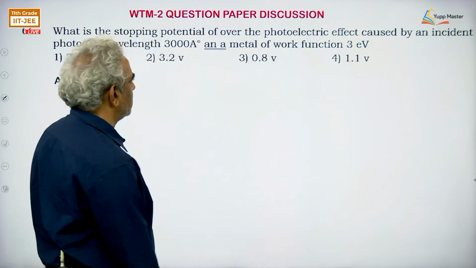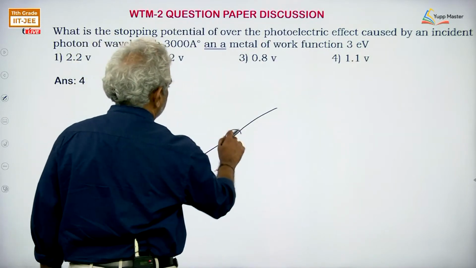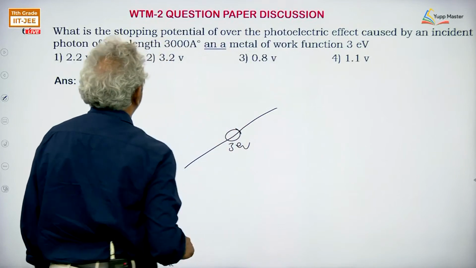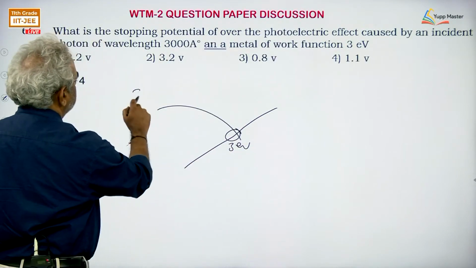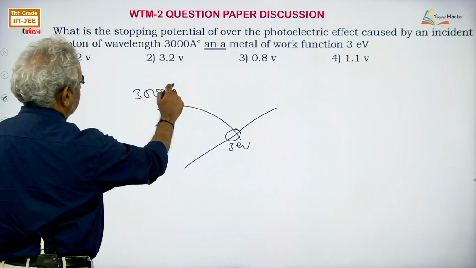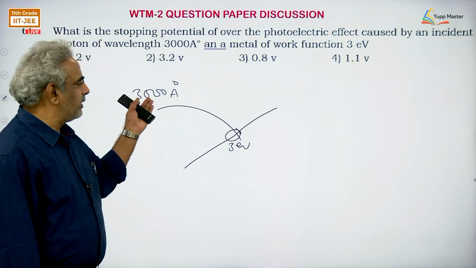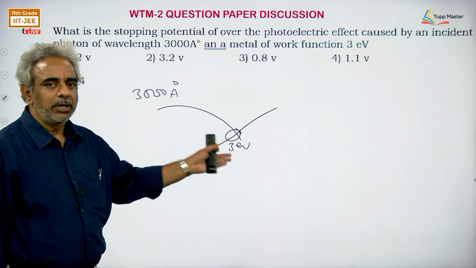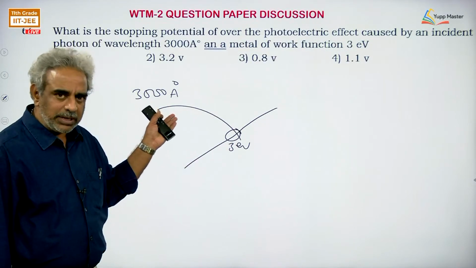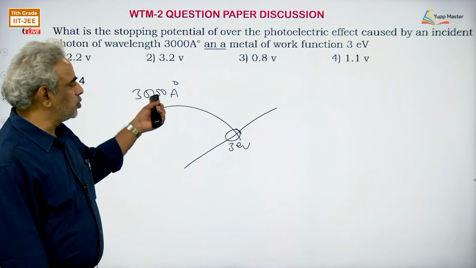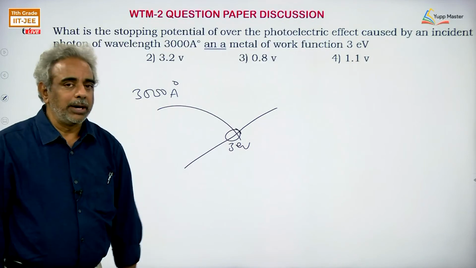So simple logic. This metal has a 3 electron volt work function, and this photon has 3000 angstroms wavelength. So first calculate kinetic energy. The wavelength is given, so calculate the energy of the incident photon.